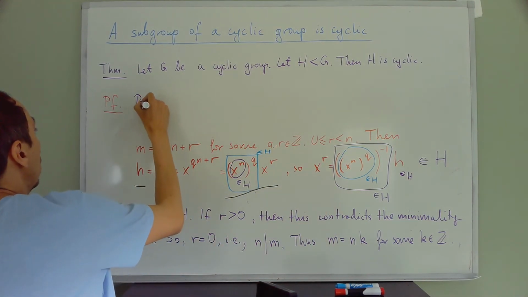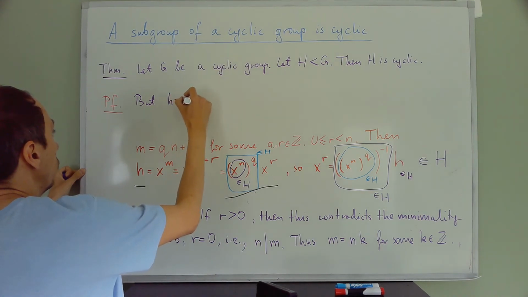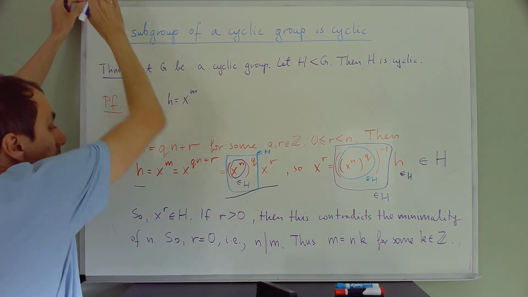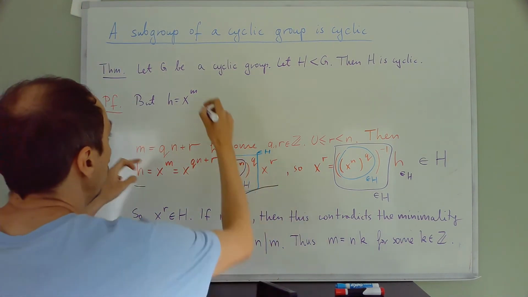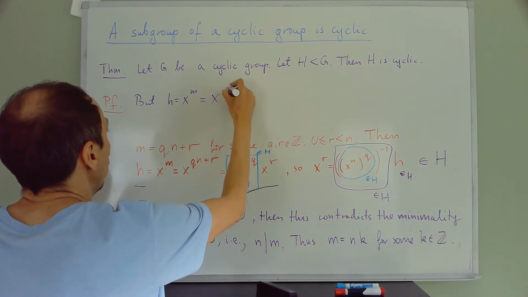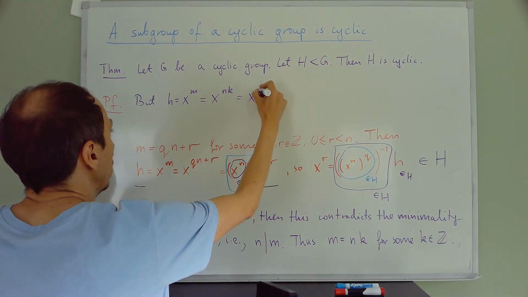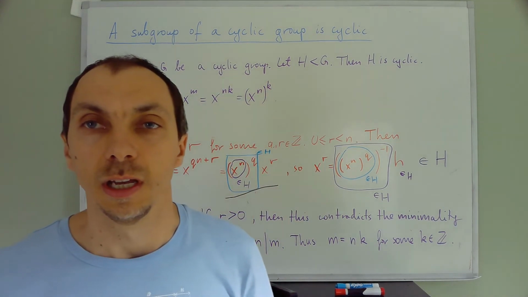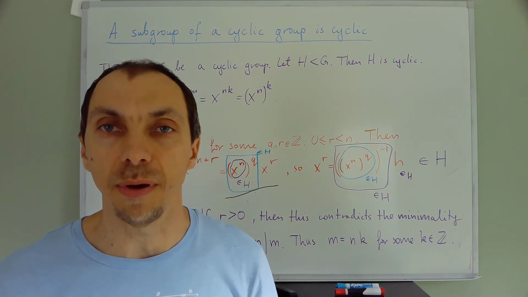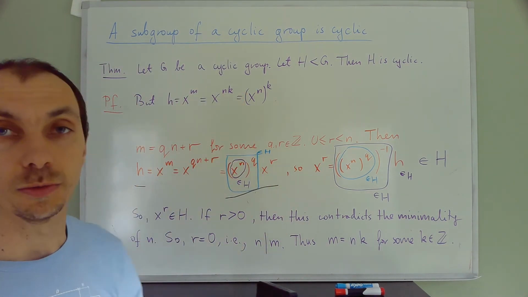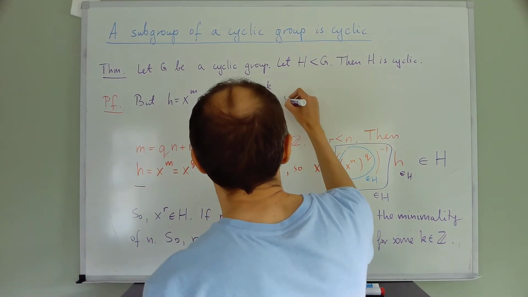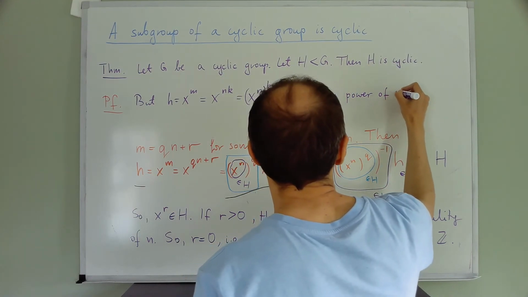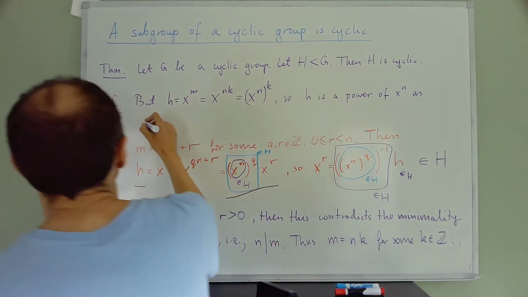But h is equal to X to the m, and m is equal to nk. So that's X to the n to the k. So what have I just shown? I have shown that h is a power of X to the n, which is what we wanted. So h is a power of X to the n, as desired.